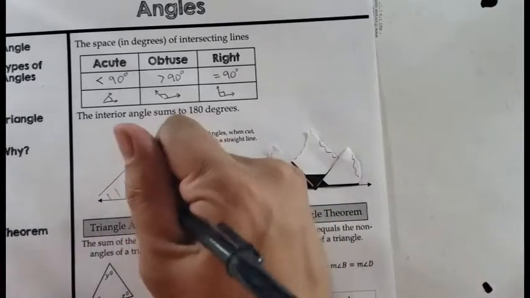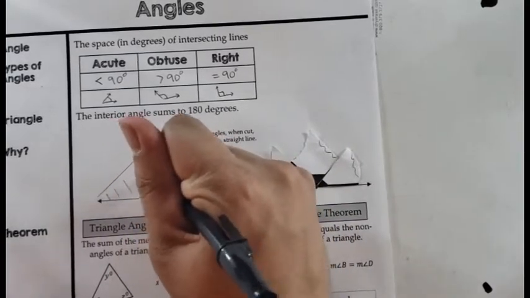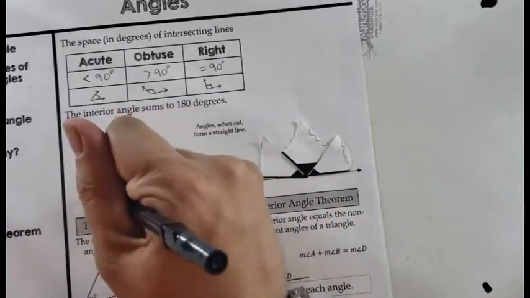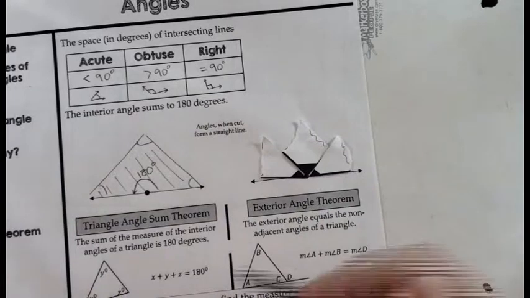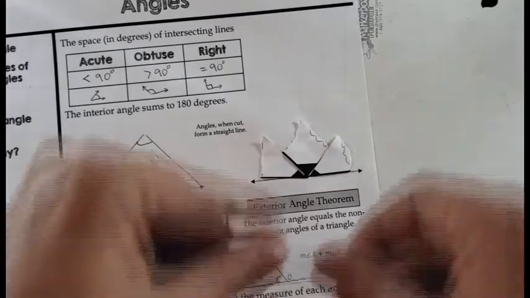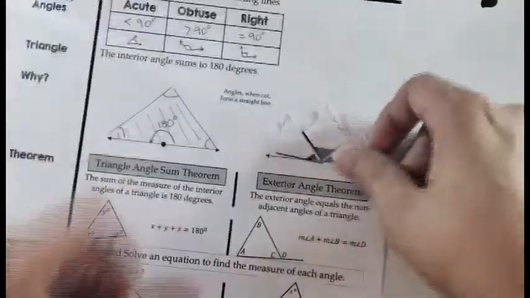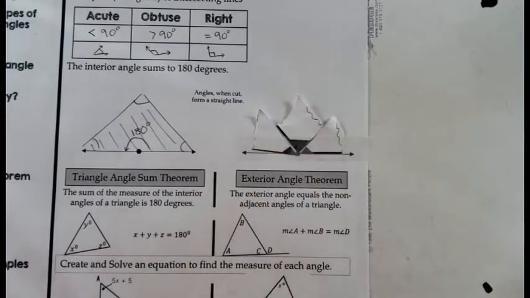So this right here is 180 degrees. When we took all of these three angles, that made a straight line. At that point, I'd like for you to glue this in. I don't have glue, so I'm going to tape it. Something like that. Perfect. So that's proving why it is 180 degrees.